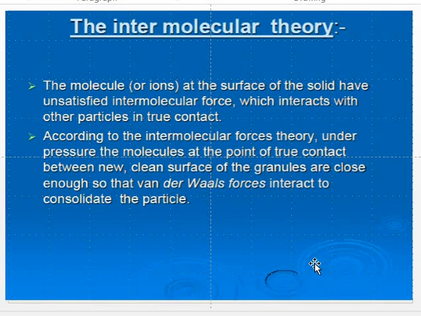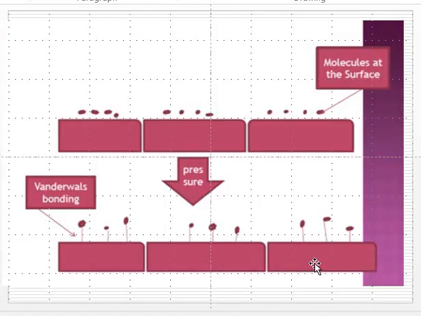Simply, there is the development of intermolecular attraction because of the pressure, and that attraction is nothing but the van der Waals forces developed on the surfaces of the particles, which can cause the bonding of the particles at one place. So there is the development of the intact mass.